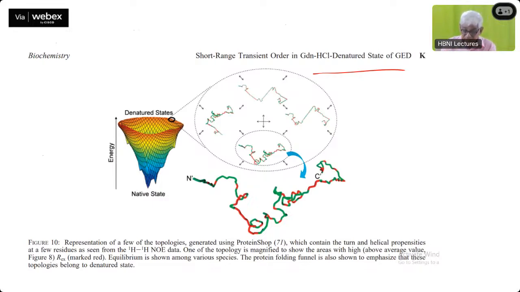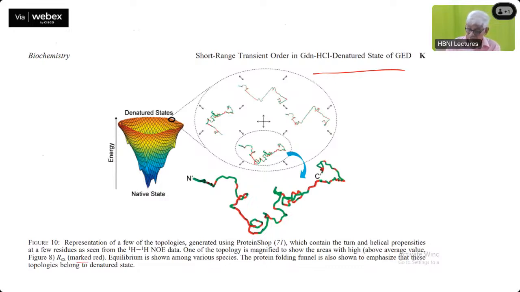There are certain places where there is order, motions are less, and exchange contributions are more or less, which contain the turn and helical propensities at a few residues, as in the proton NOE data. It is magnified to show the areas with high above average R exchange marked red. So the red areas are where R exchange is very high, and the green ones are where it is relatively low.